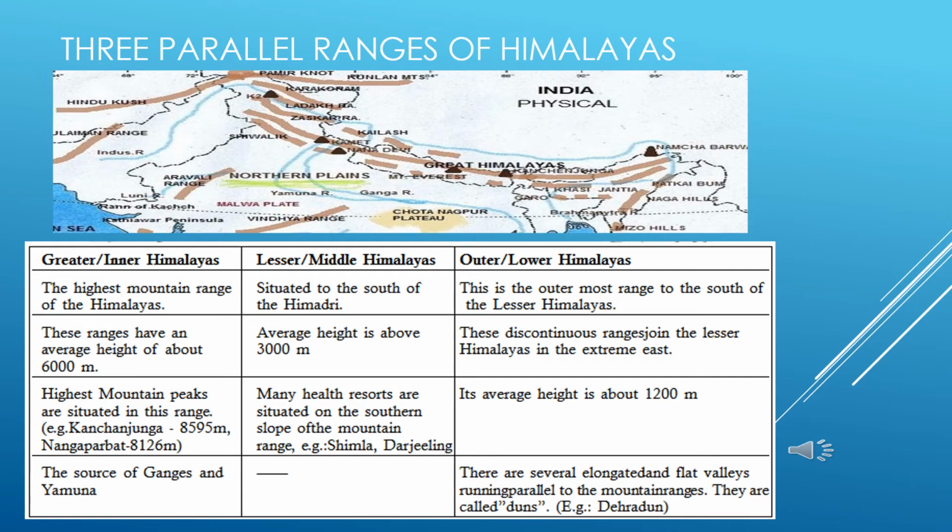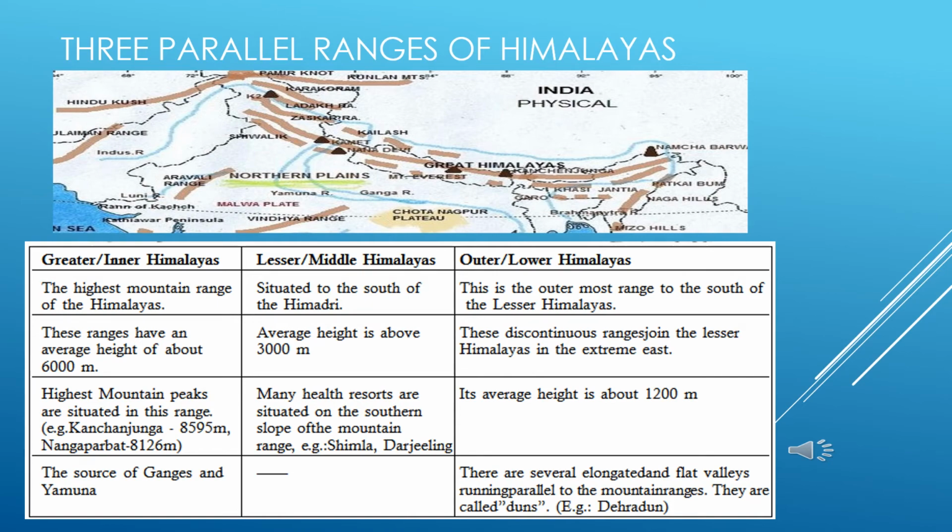The range lying to the south of the Himadri forms the most rugged mountain system, and it is known as Himachal or Lesser Himalaya. The ranges are mainly composed of highly compressed and altered rocks.